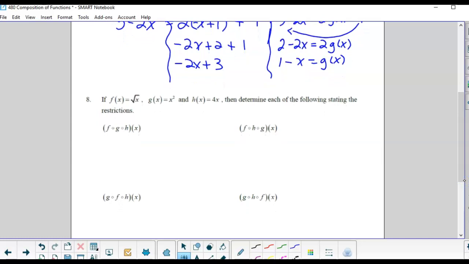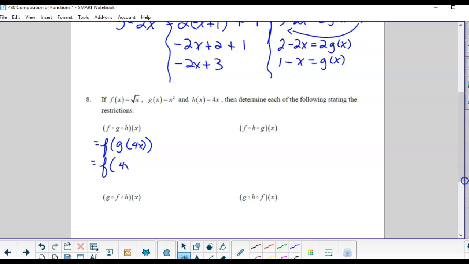Now we've got some functions here. Determine the composition. Now we've got 3. So f of g of h. And f of, so g of 4x.